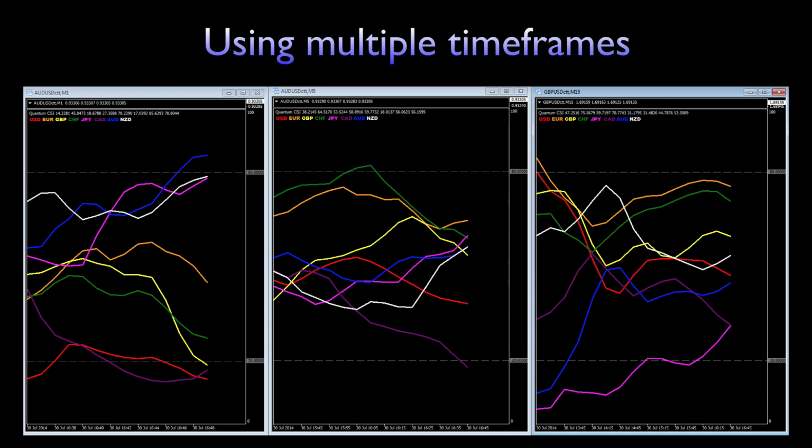Now if we move our attention to, let's say, the Japanese yen, which is the lilac pinky line, again starting over on the 1 minute chart, you can see there that the Japanese yen is rising towards overbought. Moving to the middle chart, you can see a similar picture there for the yen. It's not reached it, it's about 3/4 of the way up, but it looks as though it's climbing towards overbought there too.